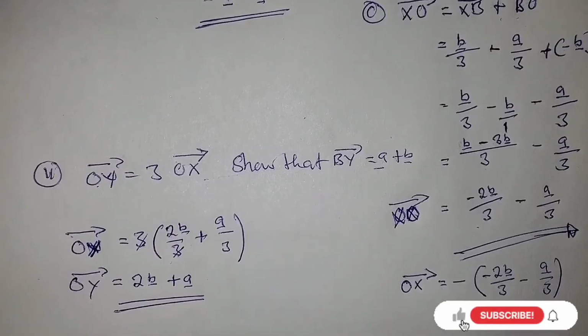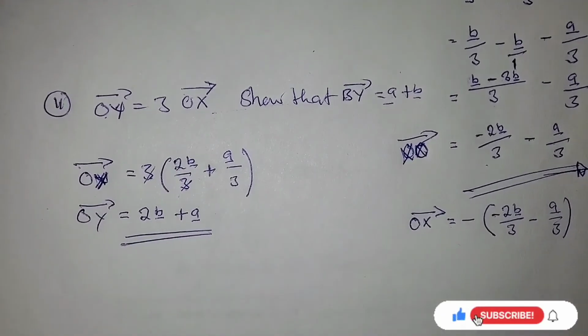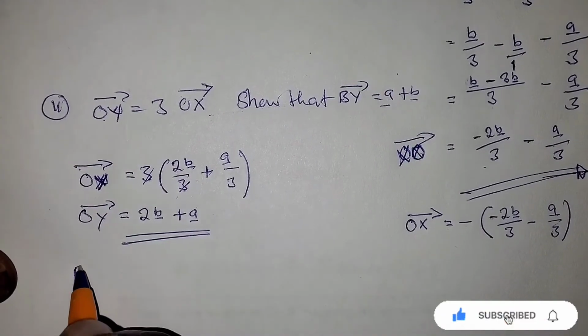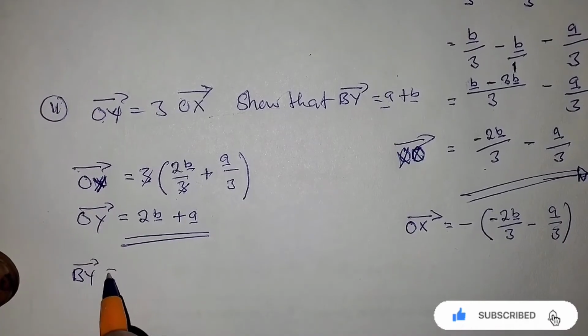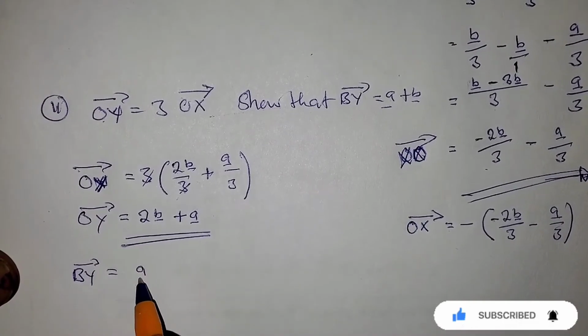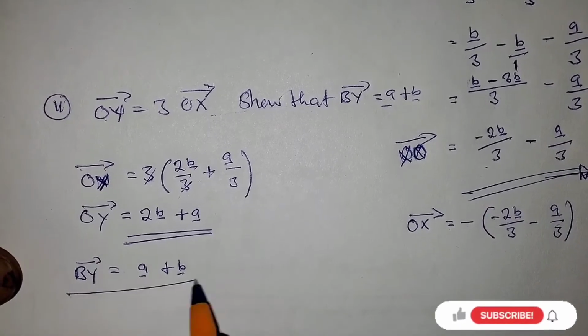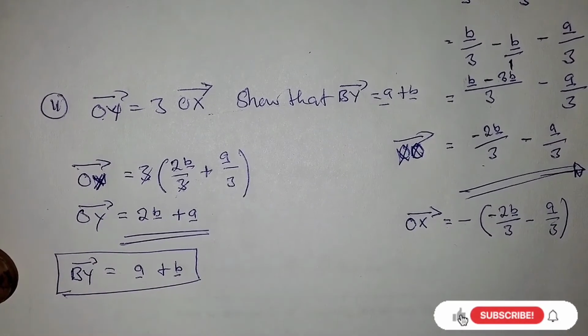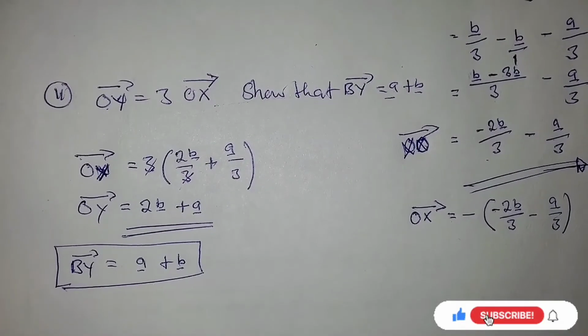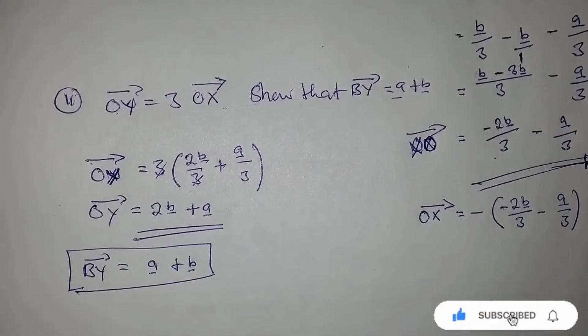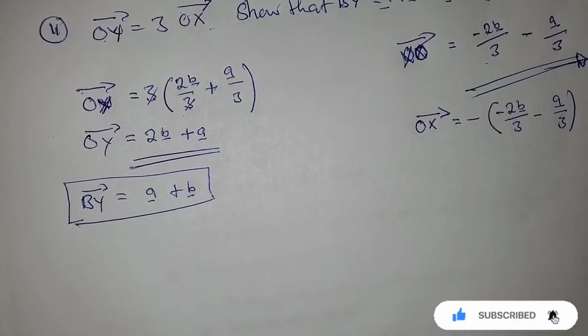Now, they're saying show that vector BY is equal to a plus b. So this is what we need to show. To show that one, you need to use BY.